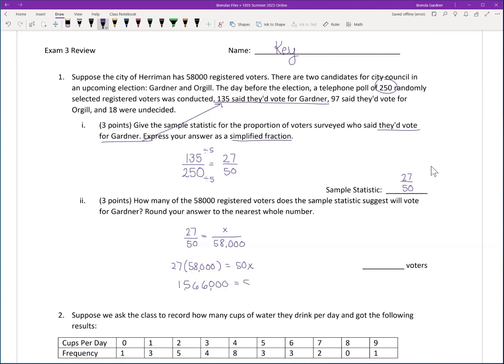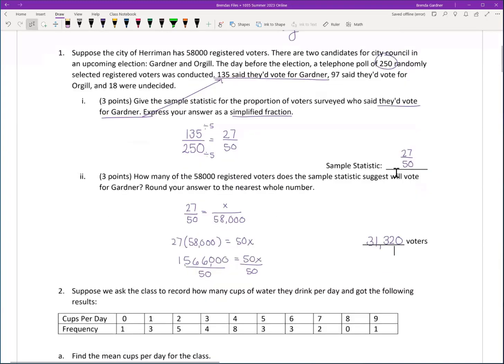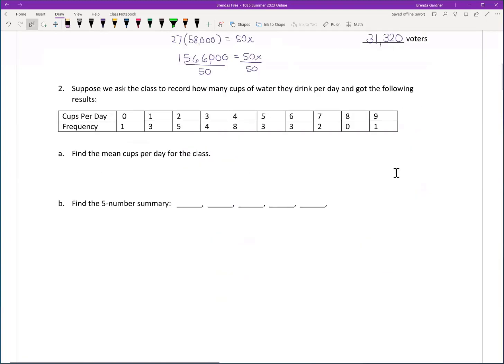And we're going to divide that by 50, of course, to solve for my numerator. So if I divide that by 50, I'm expecting 31,320 voters. Okay, let's move on to question 2.